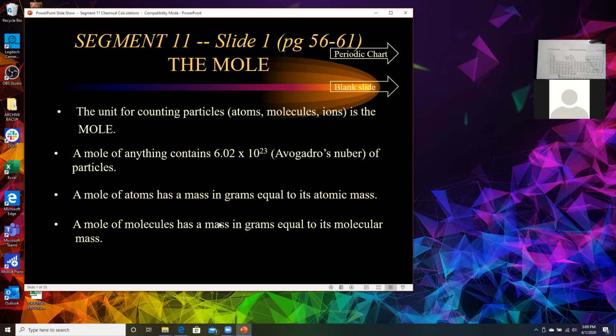So if I took water, H2O, it would have 2 hydrogens for each oxygen, and 1 mole, Avogadro's number, of water molecules would have 2 moles of hydrogen. That's going to be 2 times 1.01, and 1 mole of oxygen, whose atomic weight is 16 on the periodic table. So the molar mass of water you get by adding up the atomic masses in the formula, the compound. So a mole of water would be 18 grams.